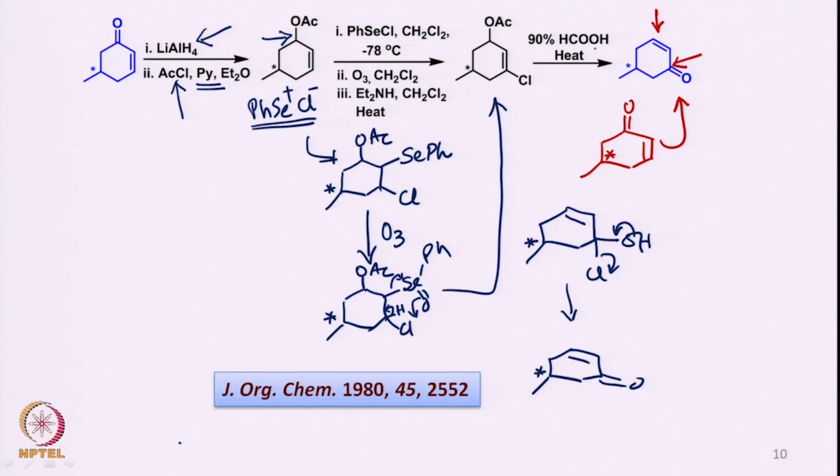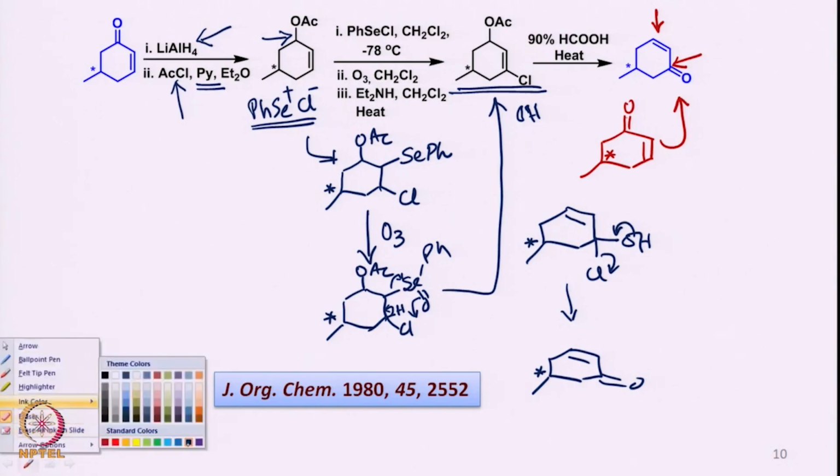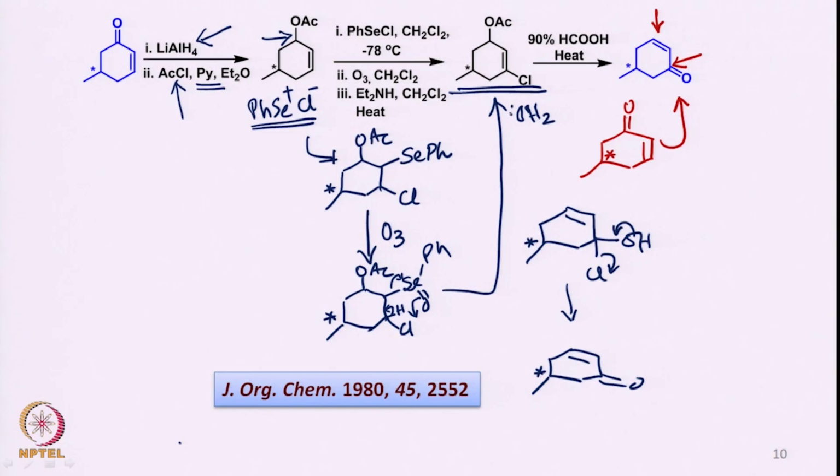So when formic acid and water, the acidic condition, reacts with this particular compound, there is an addition of water, that means you have water reacting like this, and this going like this under the acidic conditions, and of course you lose acetic acid.